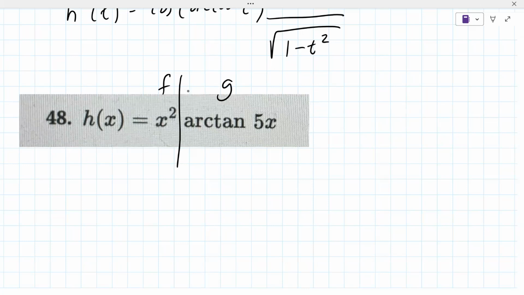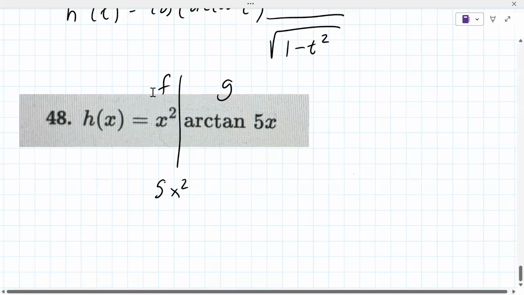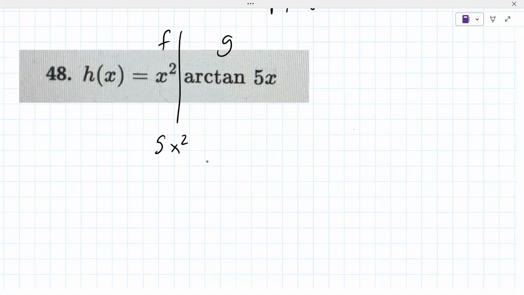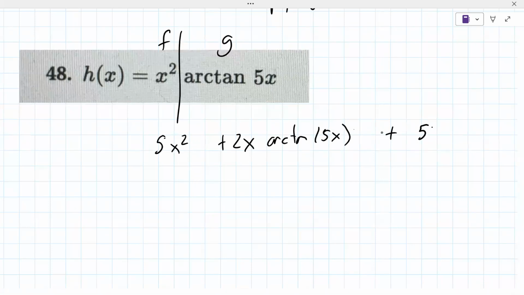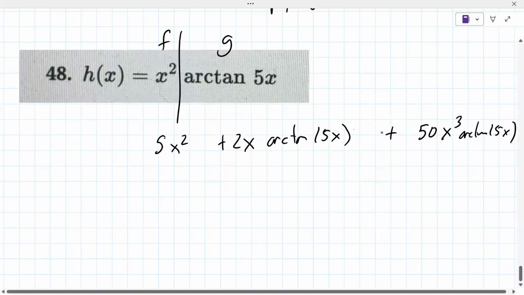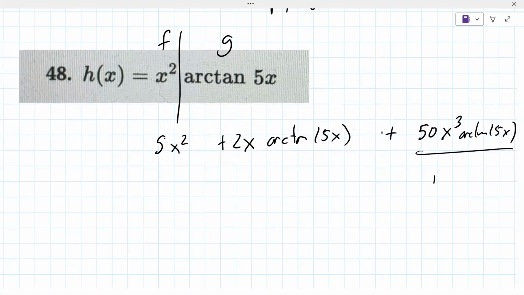Five x squared plus 2x arctangent 5x plus 5x to the third power arctangent 5x, all over 25x squared plus 1.